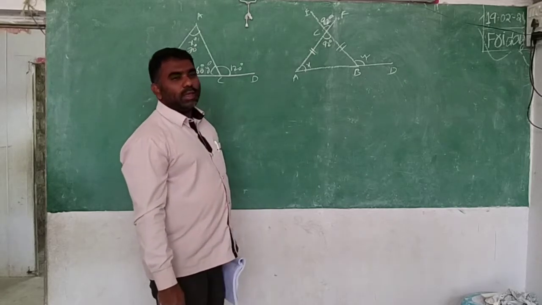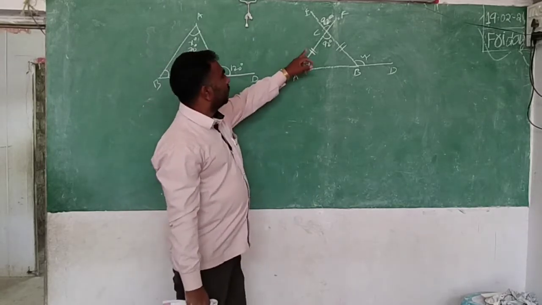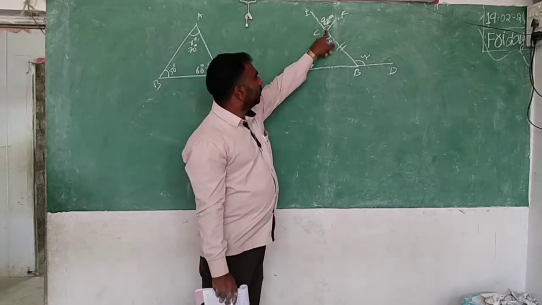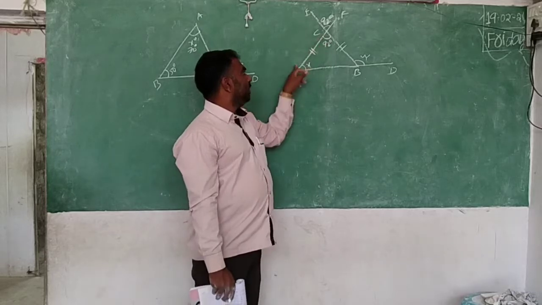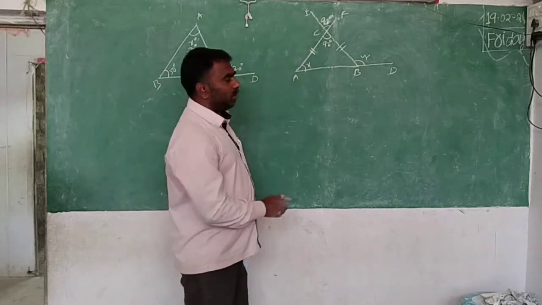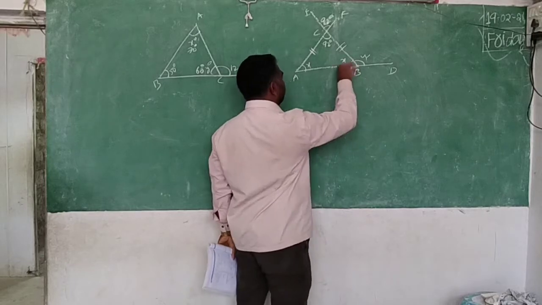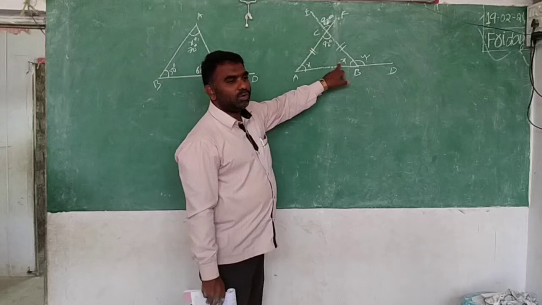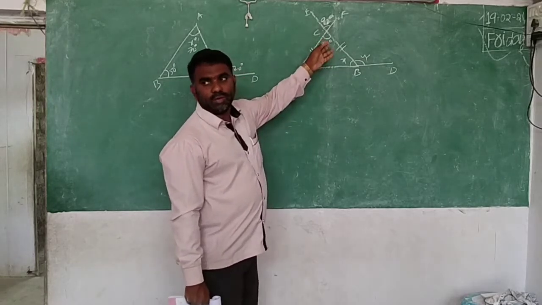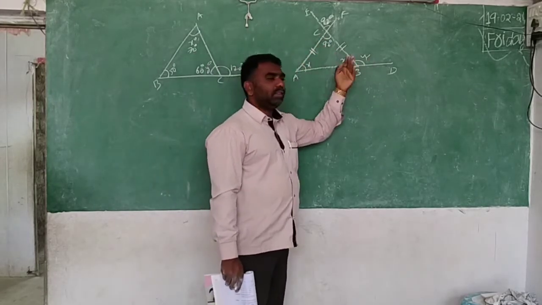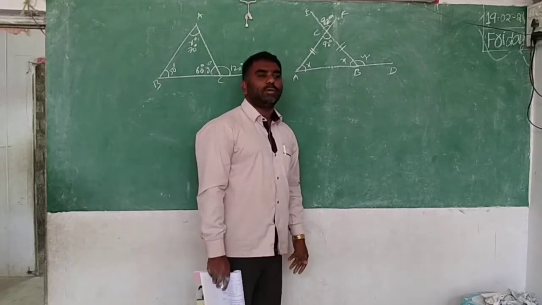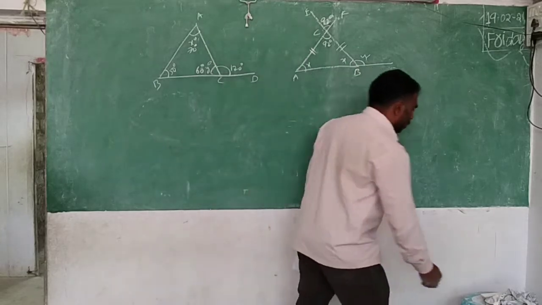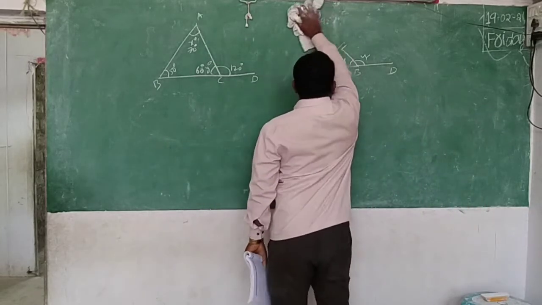And one more thing you know here: two sides are the same, then the opposite angles are the same. Which are those? CBA and CAB. Both are equal. If this is x, this is also x. Then you can get it by using the sum of the angles is equal to 180, and find the value of x. After finding the value of x, you can find the value of y by using the exterior angle property or linear pair. Anything you can use. Okay. Next.